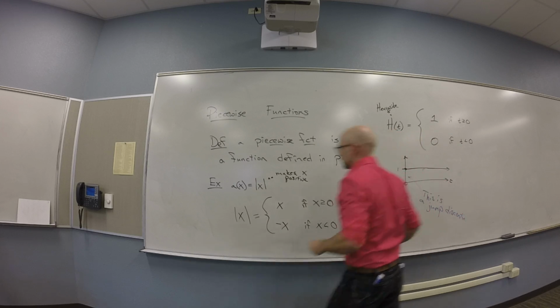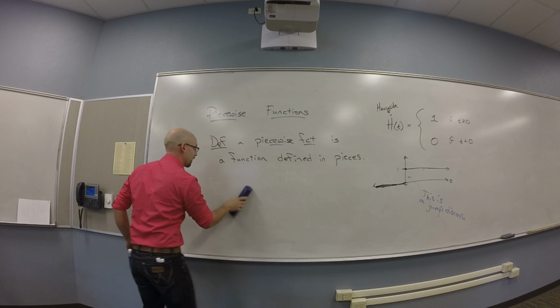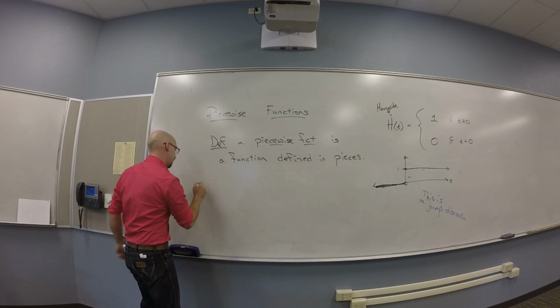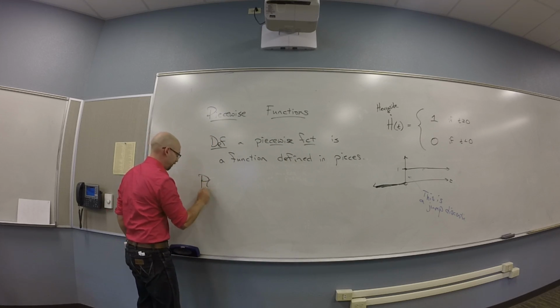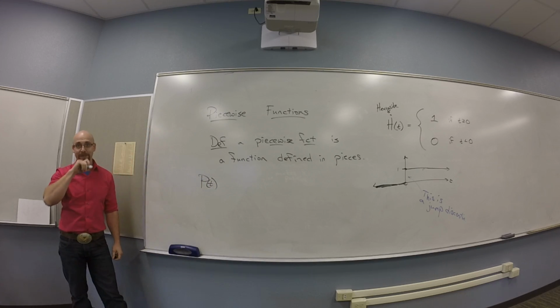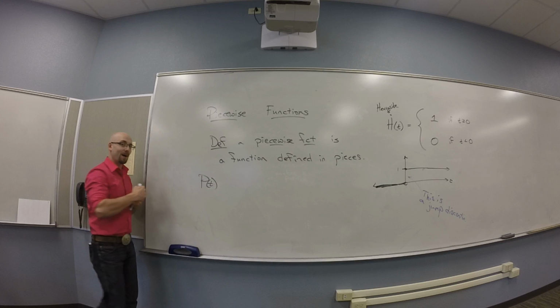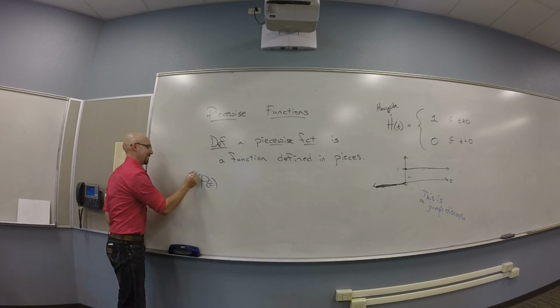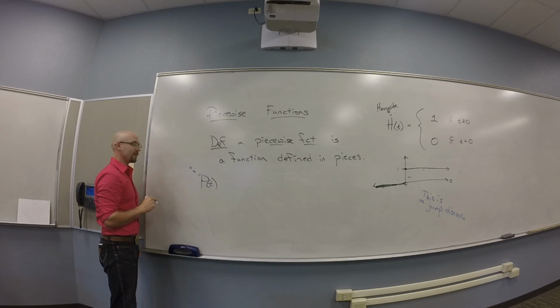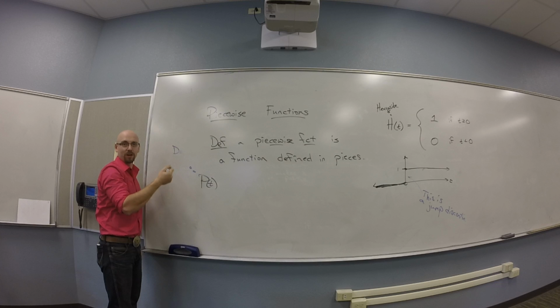I'll just do an easy version. I'm going to call this P of t, for pop function. Pop. Not soda, pop. One thing you might think about, if you're going to be some flavor of engineering, is to go look at a cool thing.